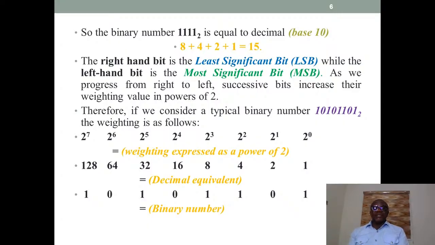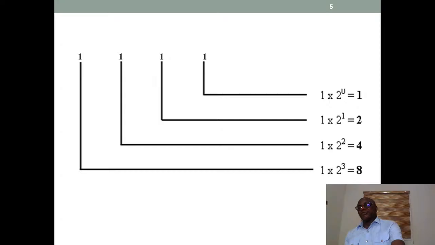The one following is 1 times 2 raised to power 1, which is 2. The next one is 1 times 2 raised to power 2, which is 4. And the next one is 1 times 2 raised to power 3, which is 8, as seen there.